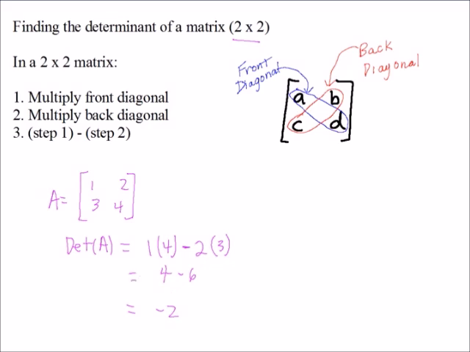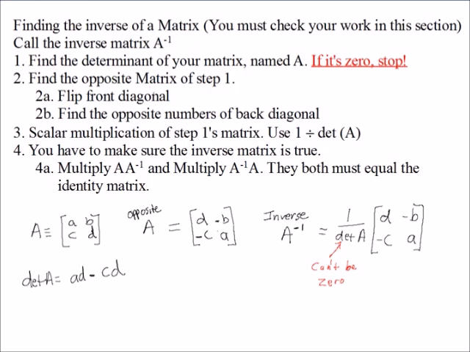Next card. Finding the inverse of a matrix. You have to check your work when you're doing this. One thing that's important is the inverse matrix has a little -1 right here. This is called the inverse matrix. Step 1: find the determinant of your matrix named A. If it's 0, you stop right here.